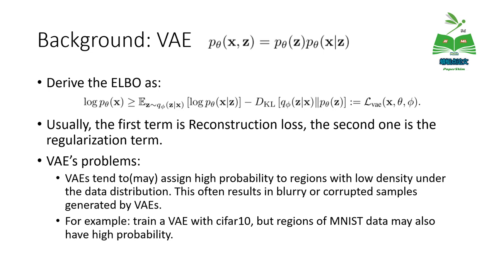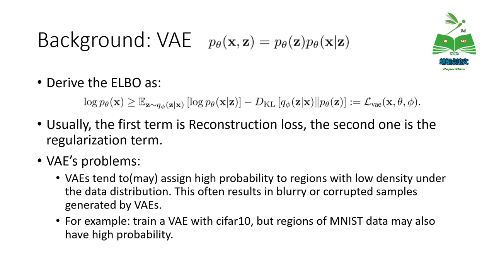But the VAE has its own problems. Here, they talk about one problem. The VAE tends to assign high probability to regions with low density under the data distribution.